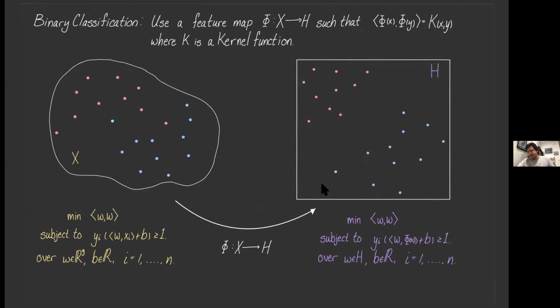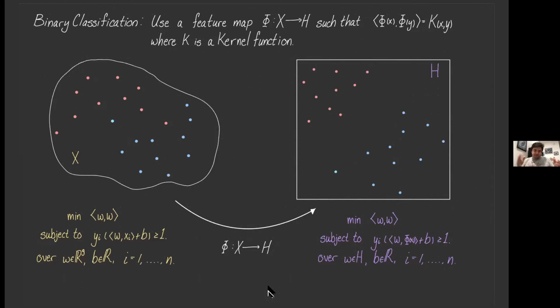The downside is, well, now it's a Hilbert space, and that's not really a downside for anybody who does operator theory. But the upside is that now, in theory, this data becomes linearly separable. So we just have to solve the same minimization problem that we had over here, but now over a Hilbert space.